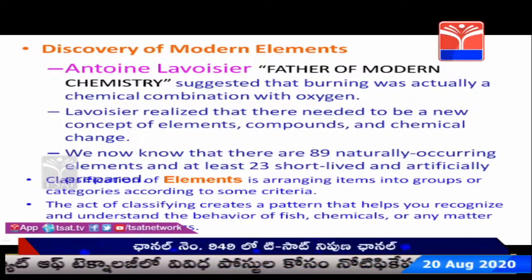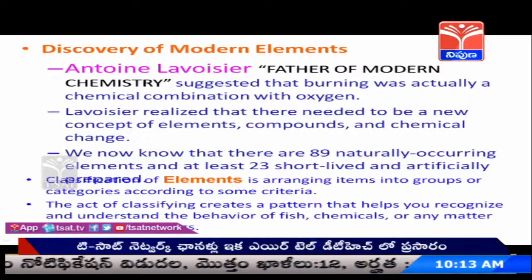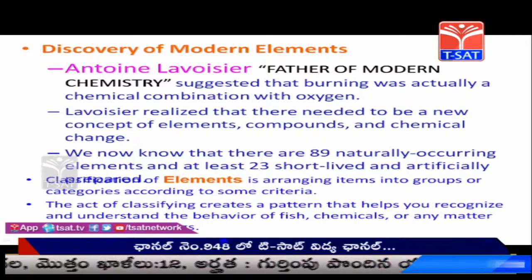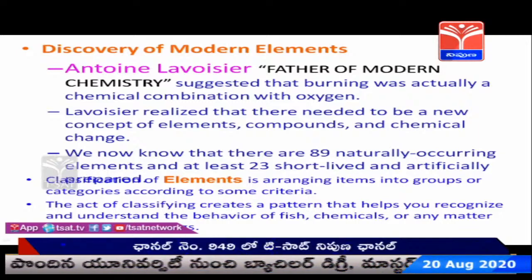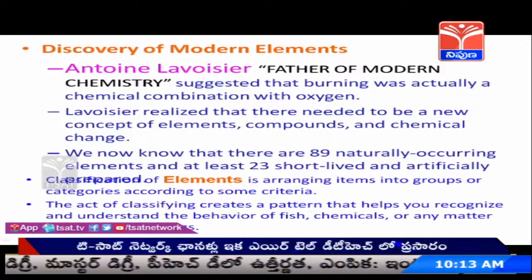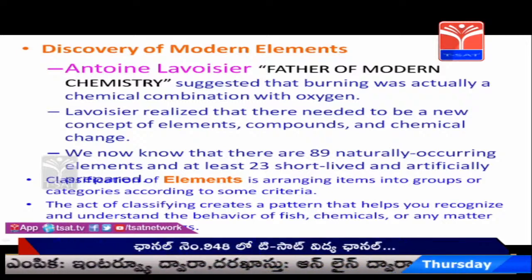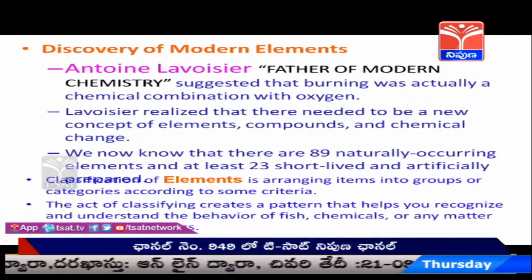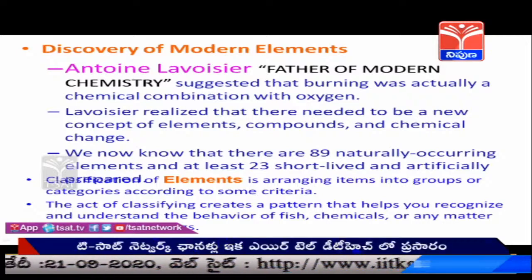Lavoisier mainly did some combustion reactions. With the combustion reactions, he concluded that every substance, maybe an element or another compound, reacts with oxygen and combusts, then it will convert into some other compound.